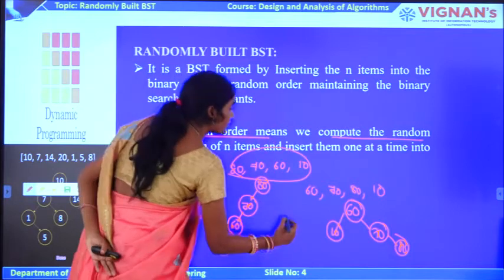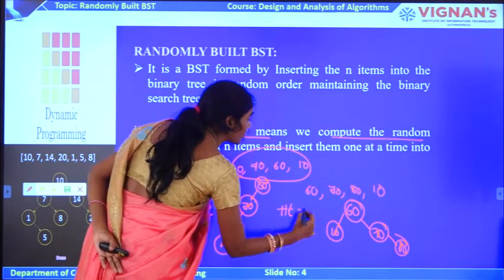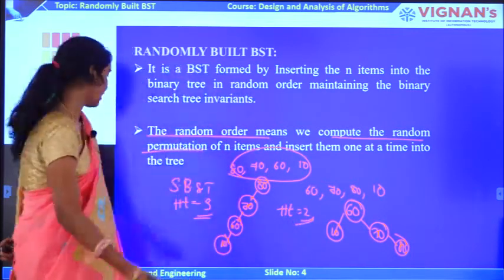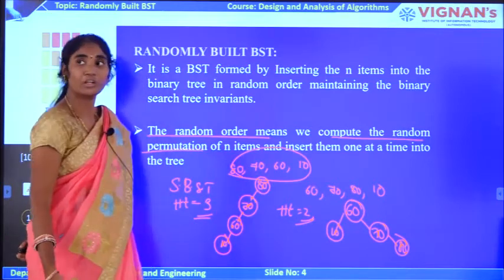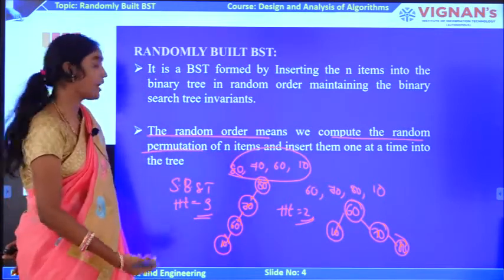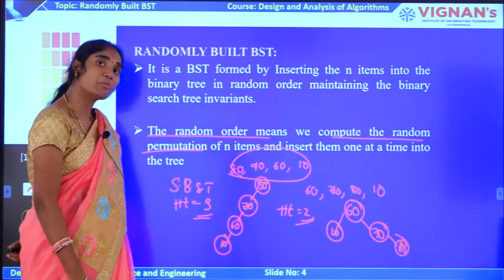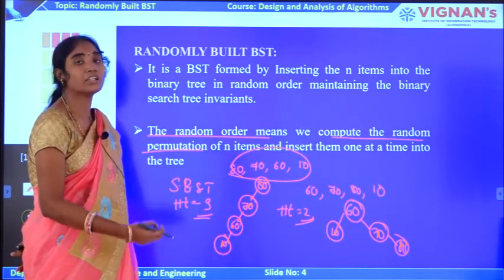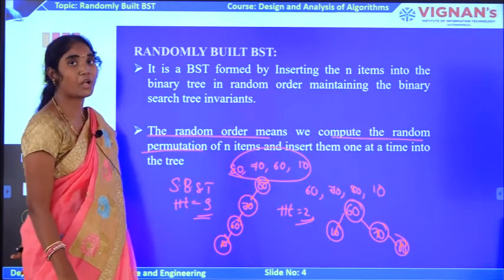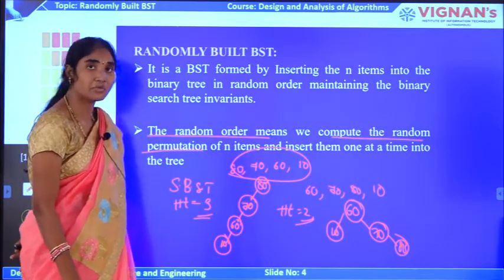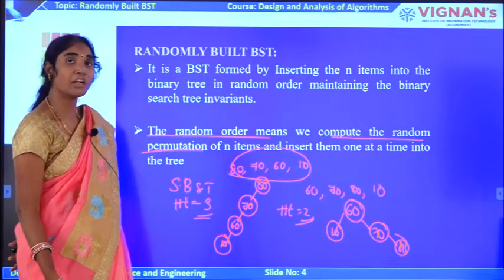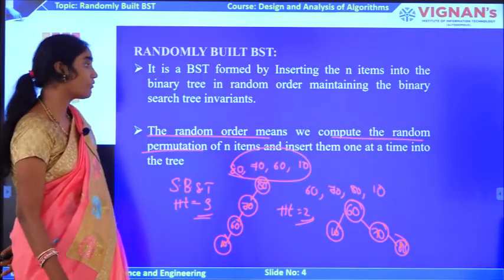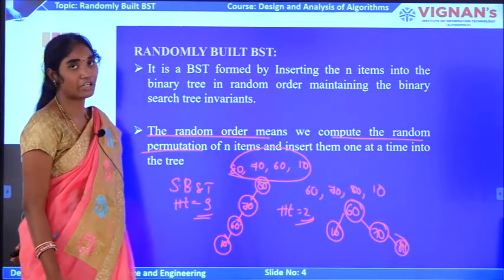The resultant height is now reduced to 2. Previously it was 3, now it is 2. So we have reduced our height, and if the height is reduced, the time required to construct that tree is also reduced. That's why we are using a randomizer function.